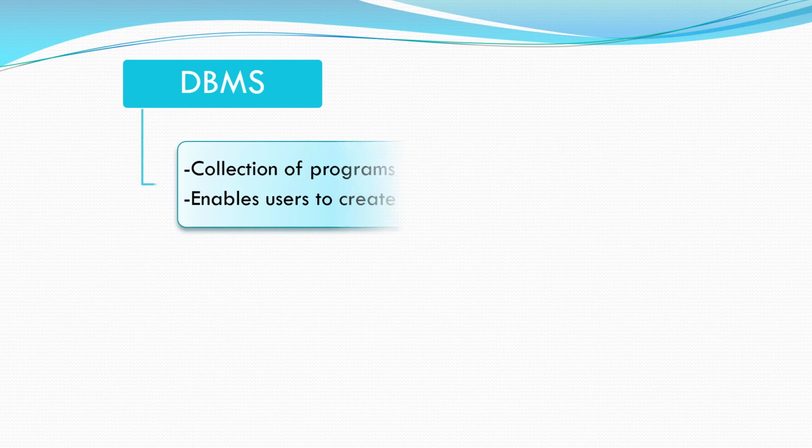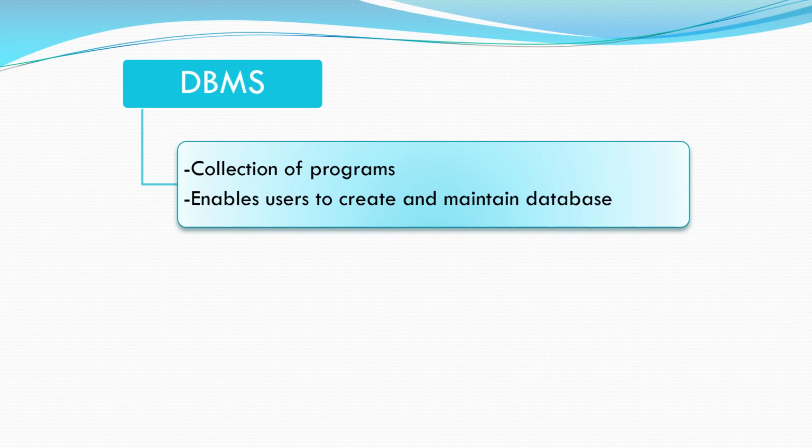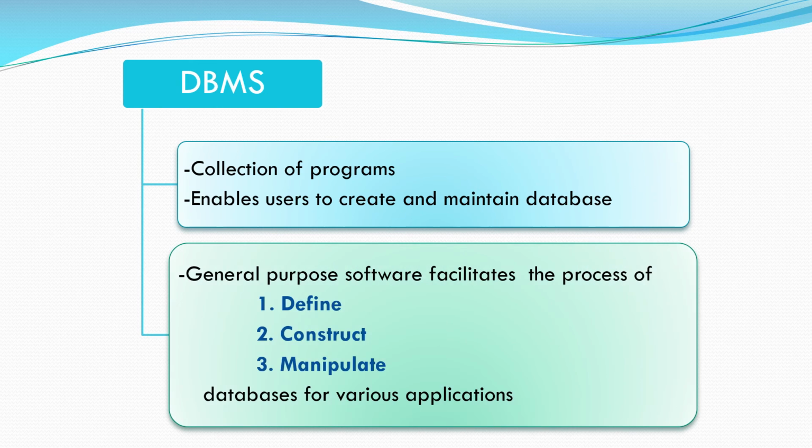To manage this database, we require database management system software, and this is called DBMS. DBMS is a collection of programs which enables users to create and maintain databases. The general purpose of this software is the process of defining, constructing, and manipulating databases for various applications.